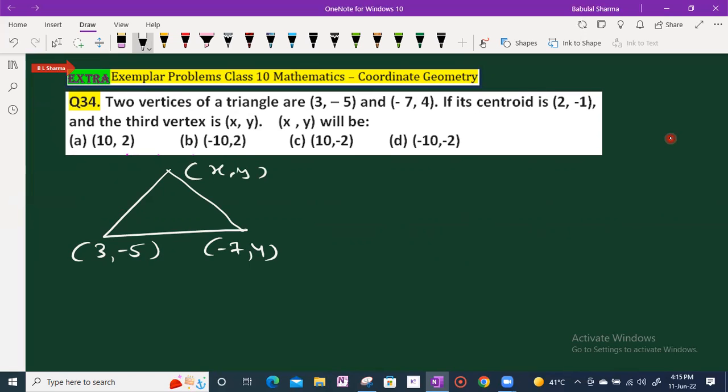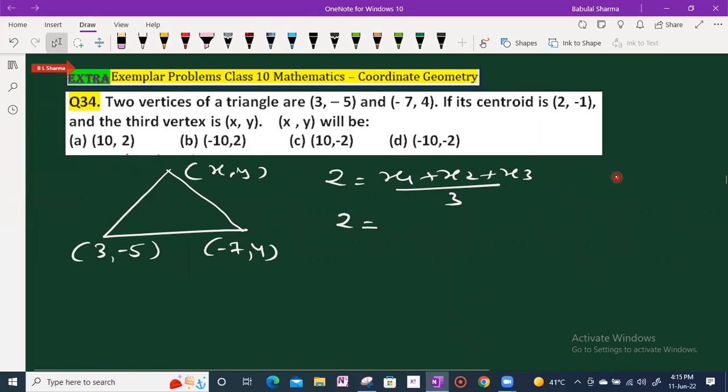But the centroid is given. So using the formula for the centroid, the x coordinate of the centroid is 2, and it is given by (x1 plus x2 plus x3) by 3. So here, 2 as it is, and you can say this is x1, this is x2 and this is x3.